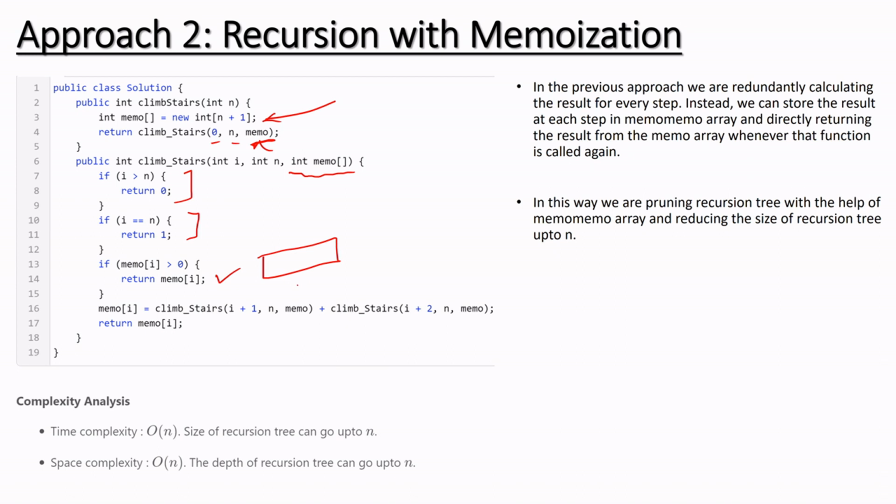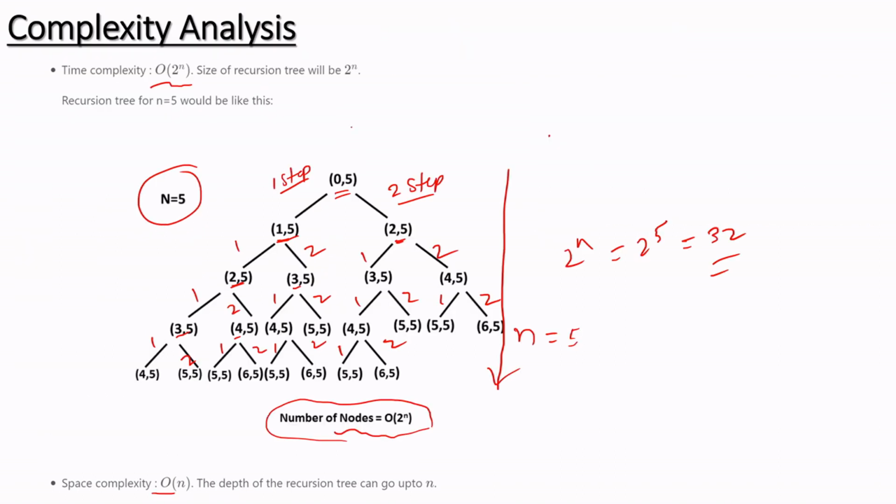Let's say this is the index i, and we have 20 stored there. So we do not need to calculate again for this index, because if we store this result at some place, the array already has the value.